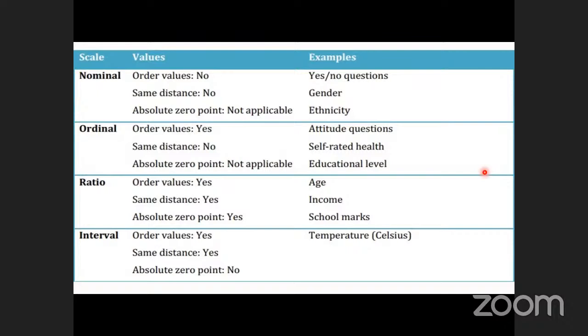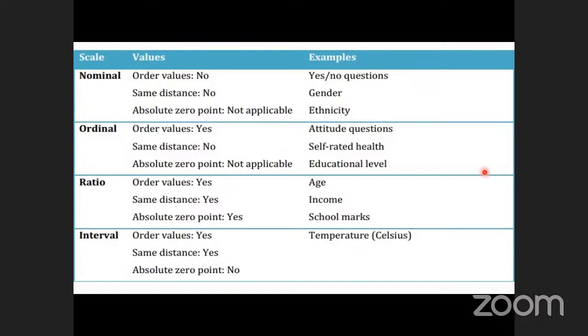Because I have an order, I can put from the least to the highest, or from the highest to the lowest, or whatever order I have, right? But I cannot quantify the exact gap between one element and the other. So although I have an order, there is no equal distance among the items, so it will be ordinal.